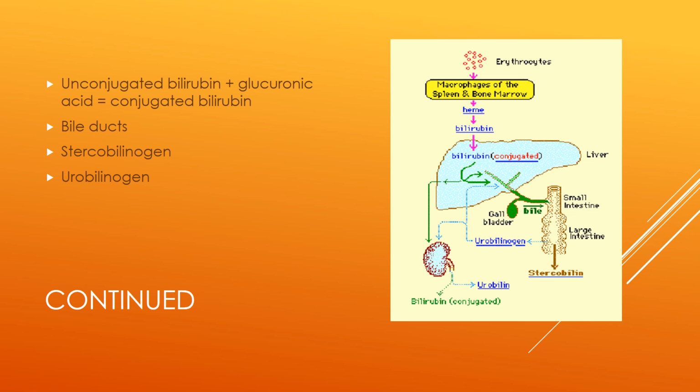The stercobilinogen is going to be excreted into the stool. The intestines are going to reabsorb a small amount of the urobilinogen, and then that's going to be filtered out through the kidneys. Again, it's not really all that exciting, but you need to know all of the players. You need to know all the names, because somebody might ask you about them.